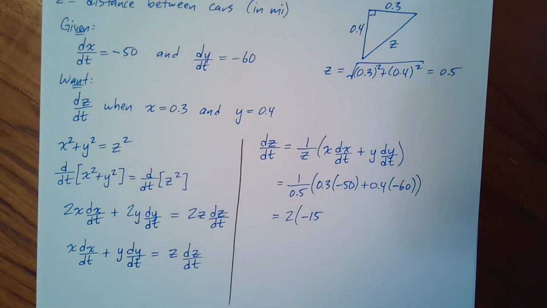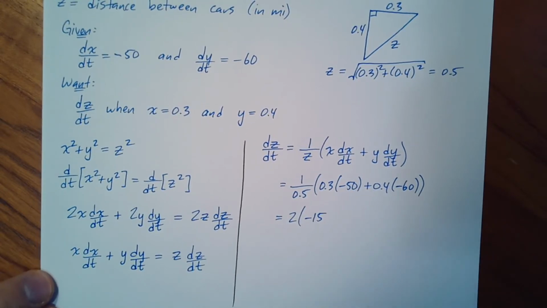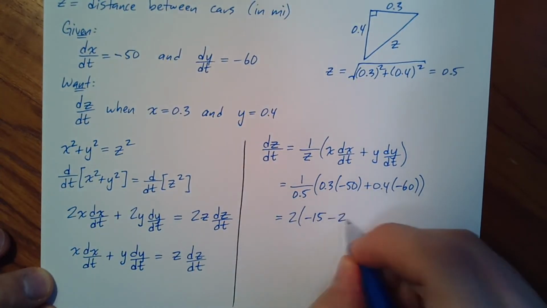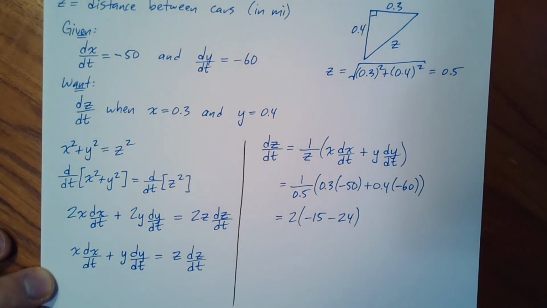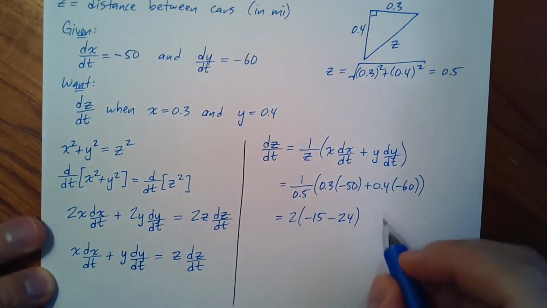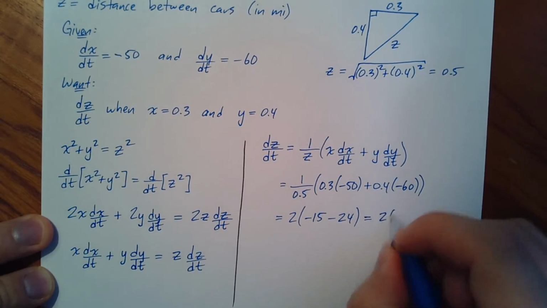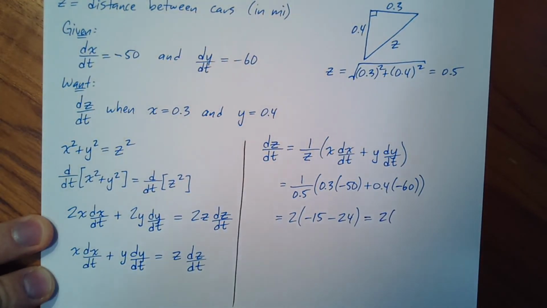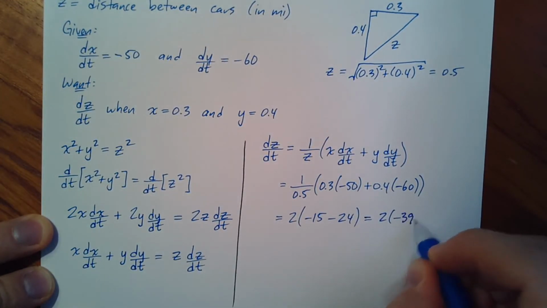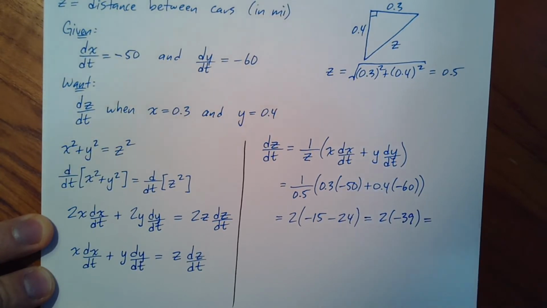Well, 4 times 60 would be 240. So 0.4 times 60 is going to be 24. And since the 60 is negative, we'll have minus 24. And then that cleans up pretty nicely. You really just have 2 times, what is this going to be? This will be negative 39, which, when you multiply it by 2, you get negative 78.